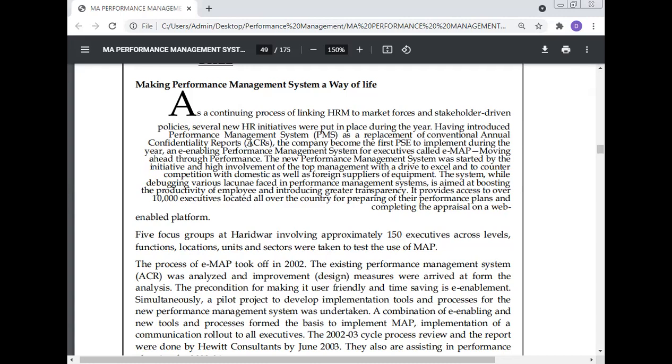It provides access to over 10,000 executives located all over the country for preparing their performance plan and completing the appraisal on a web-enabled platform.